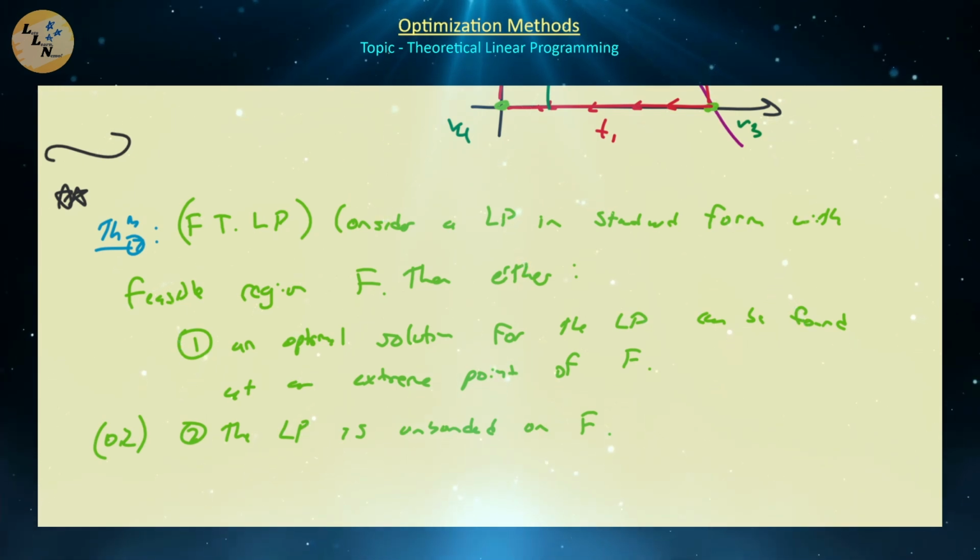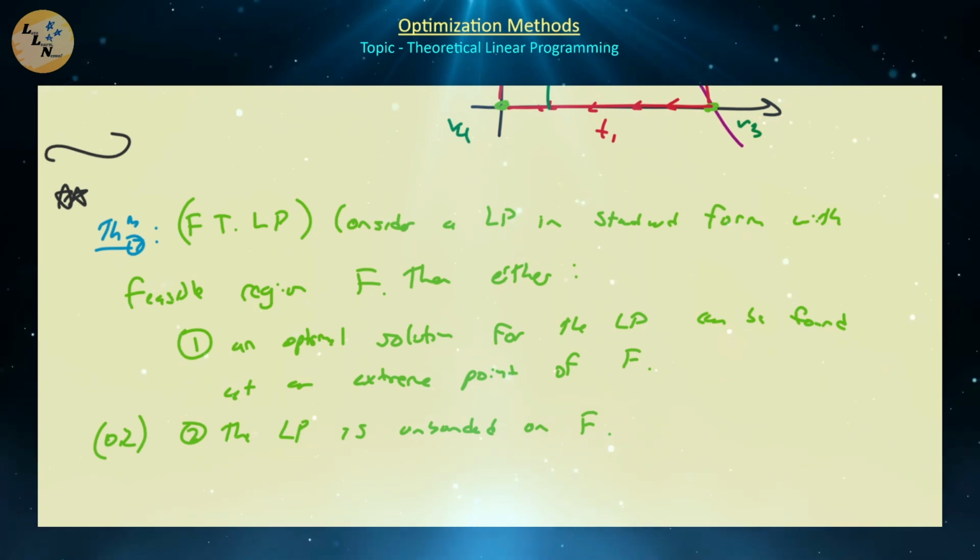Right? That means if you cannot find an optimal solution for that linear program, the set you were working on is actually unbounded. For example, if you're trying to maximize, it's not bounded above, or it's only bounded below, or it's not bounded anywhere, or something like that. And this is very, very important.